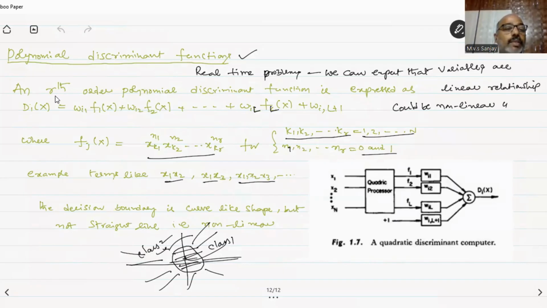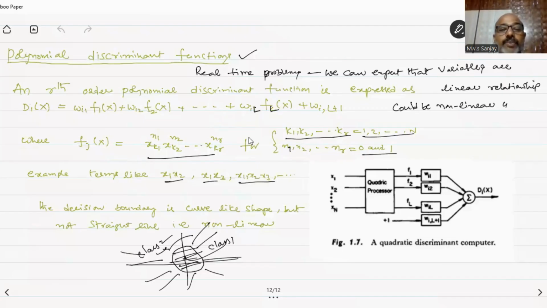Now the rth order polynomial discriminant function is expressed as d i of x equal to omega i1 f1 of x plus omega i2 f2 of x plus, and so on, omega iL fL of x plus omega i L plus 1, where fj of x is equal to xk1 power n1, xk2 power n2, and so on xkr power nr, for k1, k2, and so on kr from 1 to n, and n1, n2, and so on nr are 0 or 1.